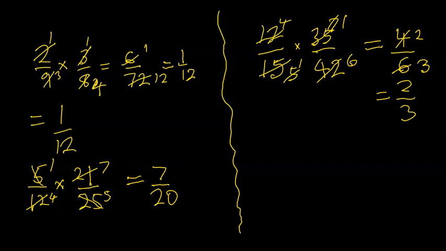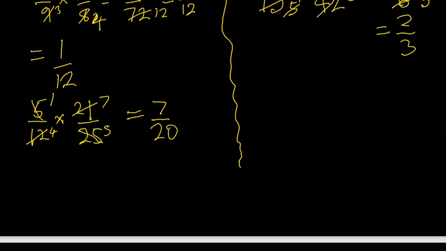Now let's try and do division. Okay, with division, what you do is, let's say you are given 3 over 7 divided by 6 over 7, right?